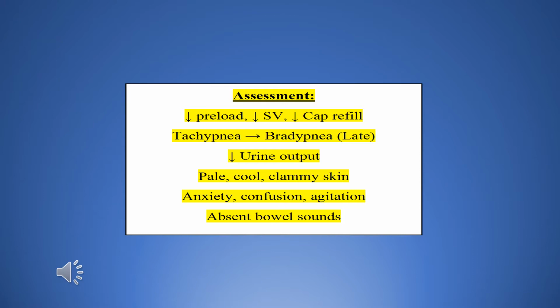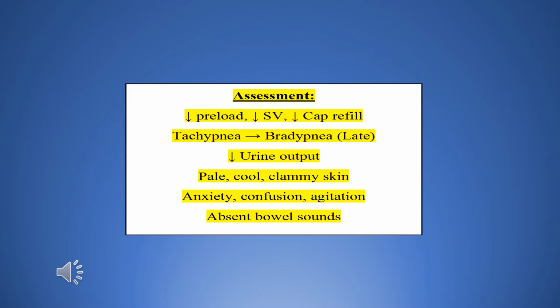So with hypovolemic shock, you've got a low amount of blood in the vascular space, and your heart tries to pump blood to the organs, but the organs are not getting enough oxygen because the system does not have a lot of blood in it. So this results in decreased preload, decreased stroke volume, and decreased capillary refill.